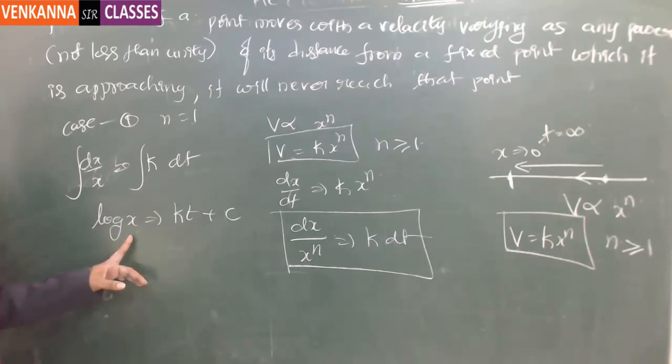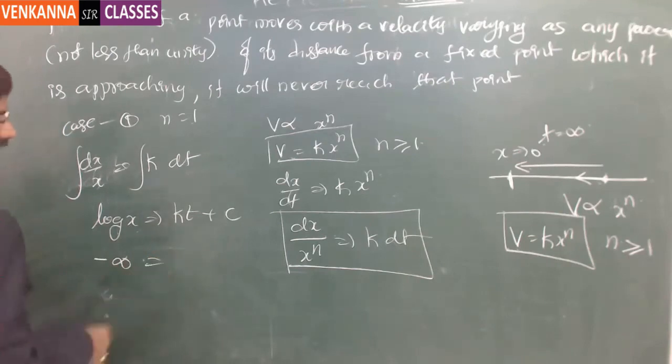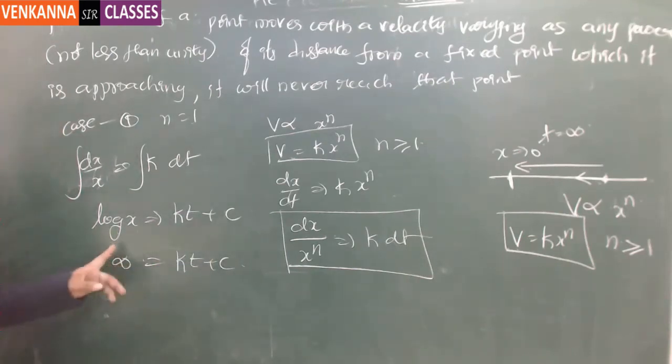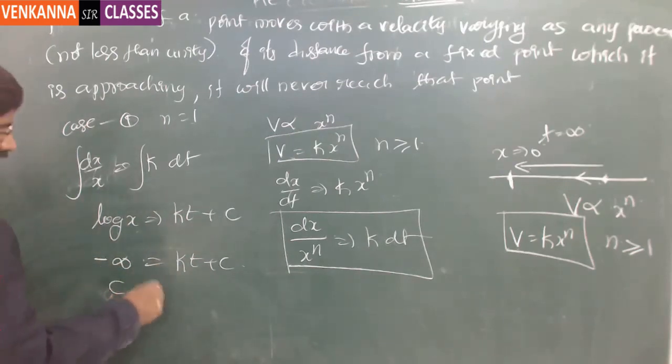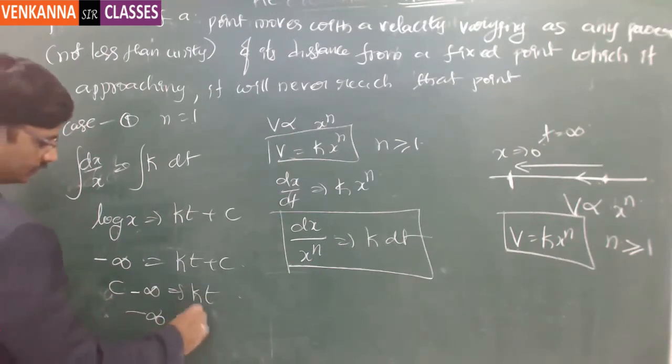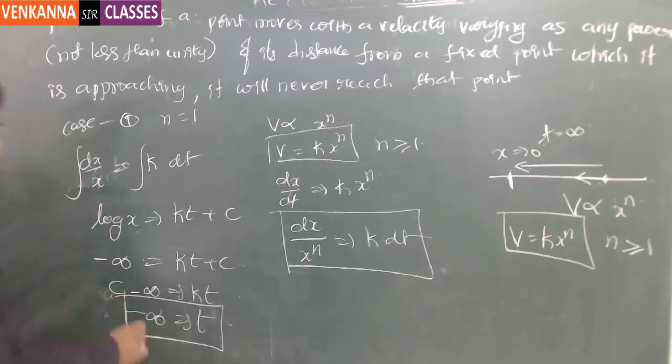Infinite, right? So log 0 is minus infinite, so minus infinite is kt plus c. So to reach this particular point, it will take minus infinite time. So this is the time taken. That means it will never reach.